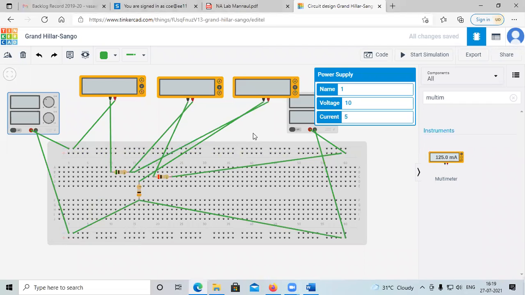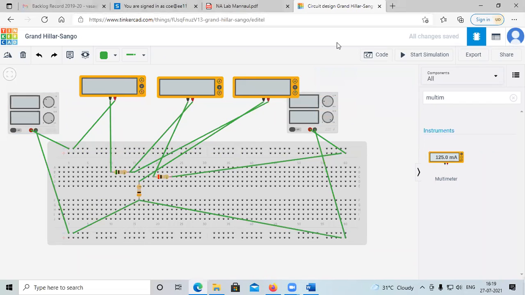First of all, we will check the values using theoretical values; let us calculate first.